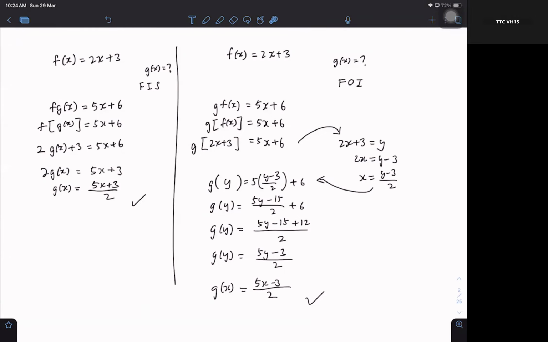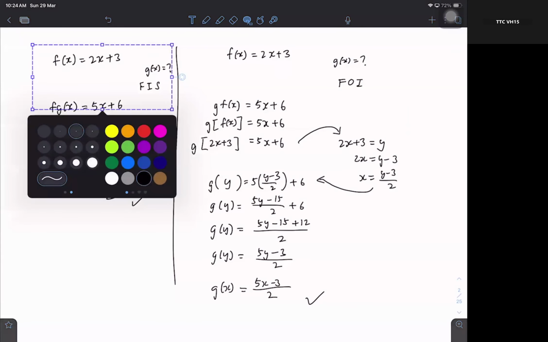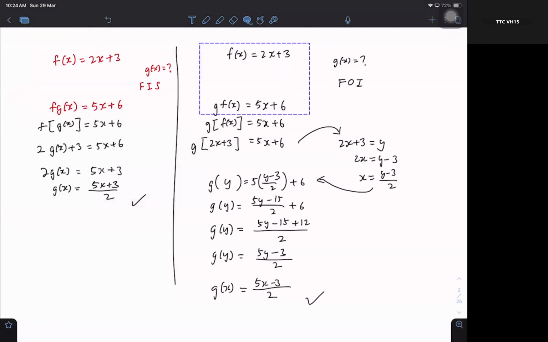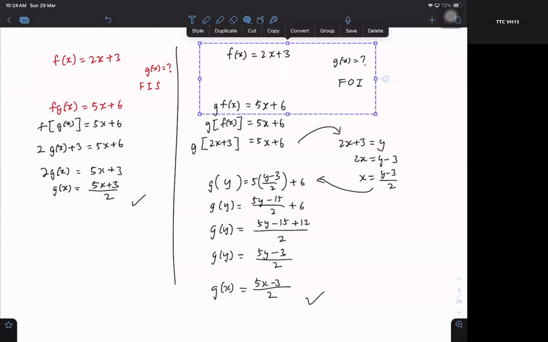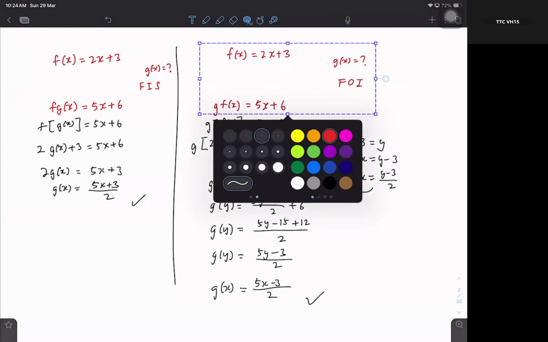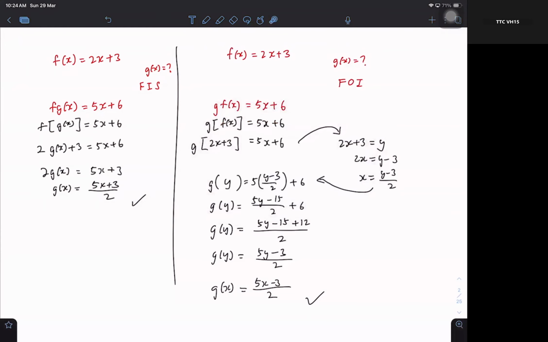Now, let's say for example, this is a question. The question is this one. I changed the color so that you know what the question is.